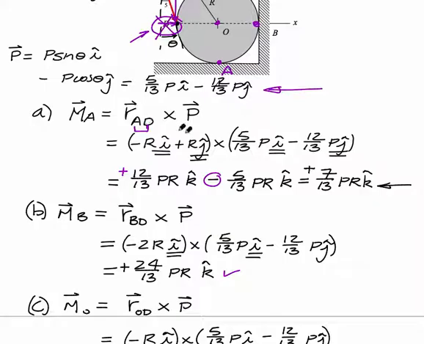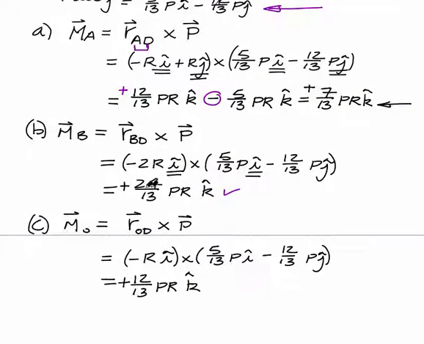So we want to go from A to D in the first case, B to D in the second case, and O to D. We want to find the moment about O with the load acting at D, and that gives us the directions that we need. Apologies for the initial thought that I had written it down wrong. Anyway, R cross F, that gives us the moment.